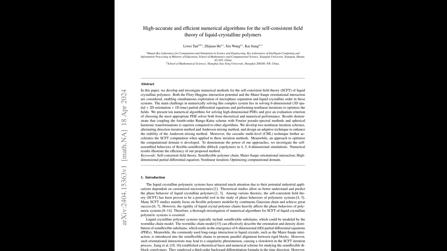Overall, the integration of these high-accuracy, efficient numerical algorithms offers a powerful tool for exploring polymer physics and materials science. This work sets a foundation for future developments in SCFT computations, enabling better prediction and understanding of soft matter structures with reduced computational cost and improved reliability.